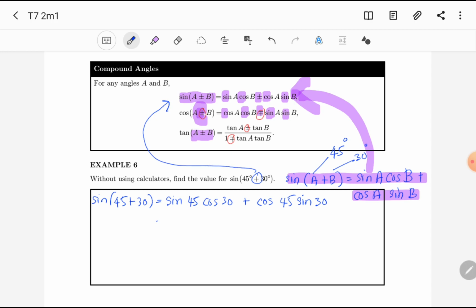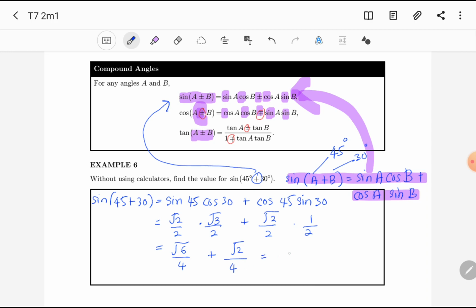Okay, so the answer is root 2 over 2 times root 3 over 2 plus root 2 over 2 times 1 over 2. Okay, so we have root 6 over 4 plus root 2 over 4.